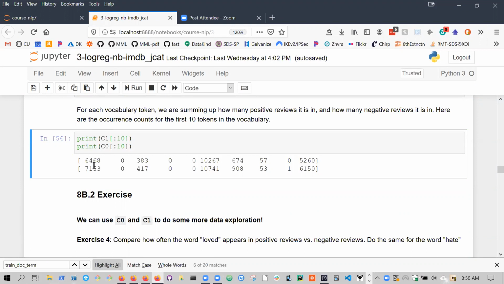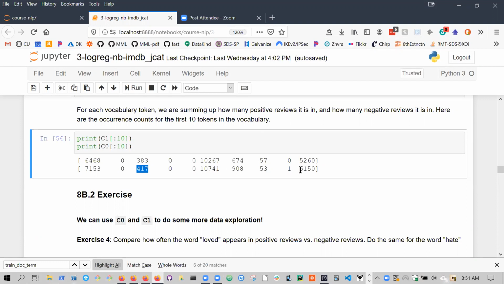So if I add these two up, that tells me how many times the token was used in all of the reviews. Does that make sense? So this particular token was more likely to be used in negative reviews than it was in positive reviews, and so on.